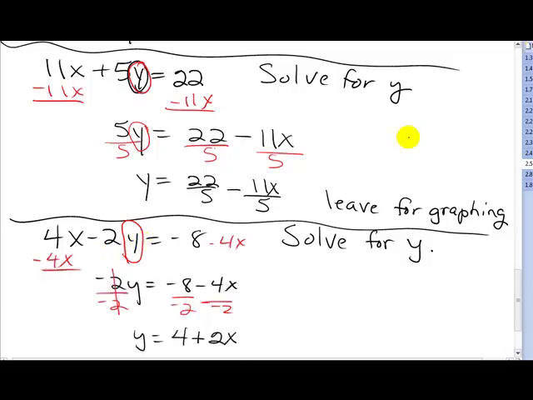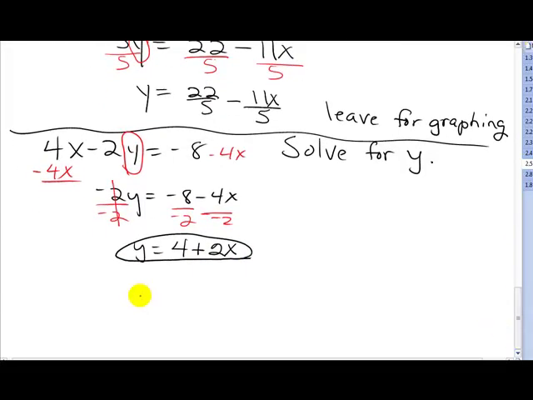Alright, here you go. That one is solved for y. Again, I hope you're paying attention. Going to subtract the 4x, then divide by negative 2, to get that y alone. Each one reducing it, so it should look something like this. And in Chapter 3, we're going to learn how to graph that. Okay, good luck with this section. This was 2.5 formulas. Do your homework.